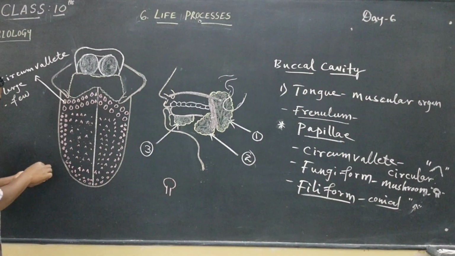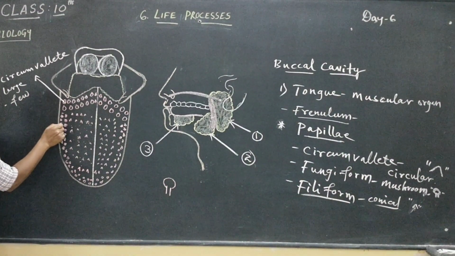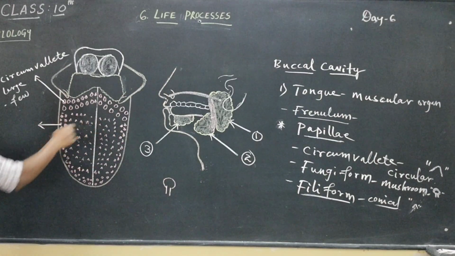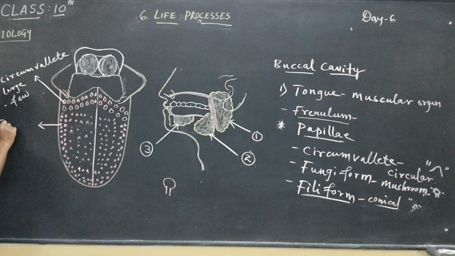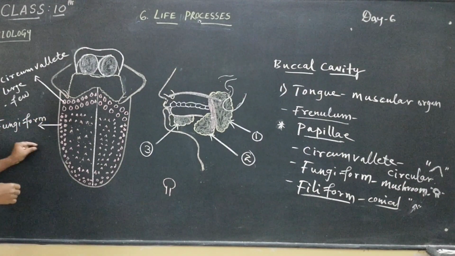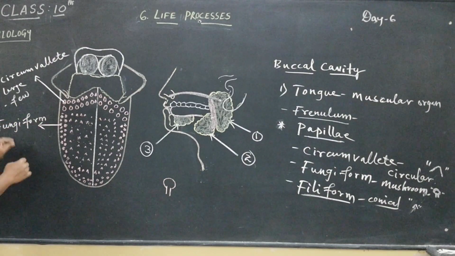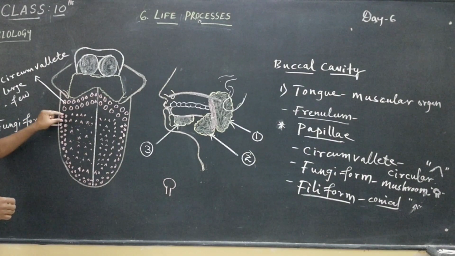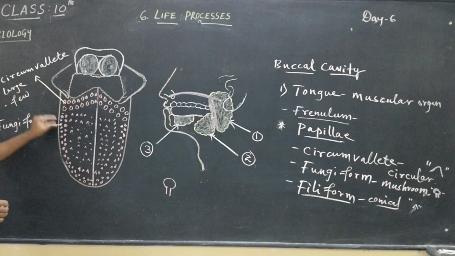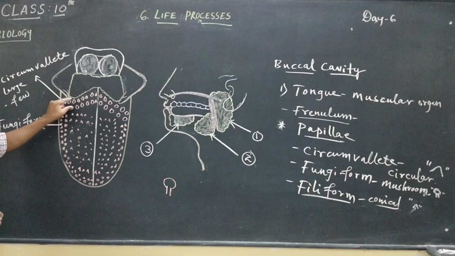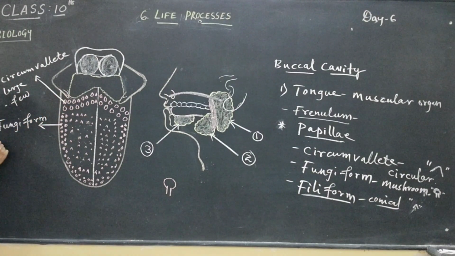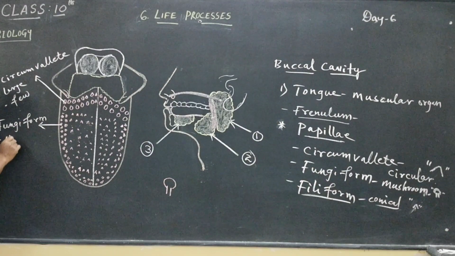Next, the fungiform are present at the periphery region of our tongue. They are not maximum, but they are present more in number than circumvallate.